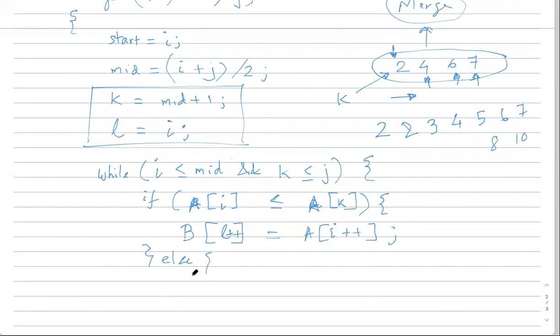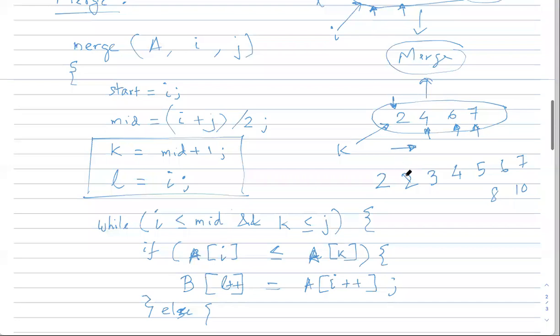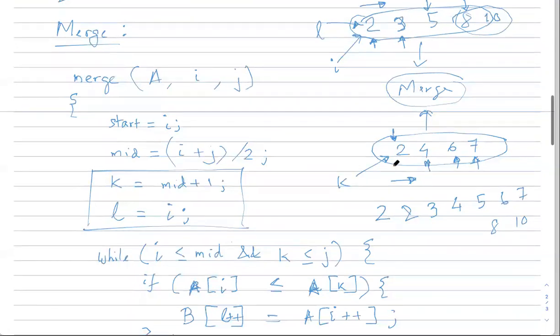Else, so basically what we did is we compared. So this is AI and this is AK, right? If we find that AI is less than equal to that, then we are storing into the auxiliary. So this is our B, which is in formation, the merge list.